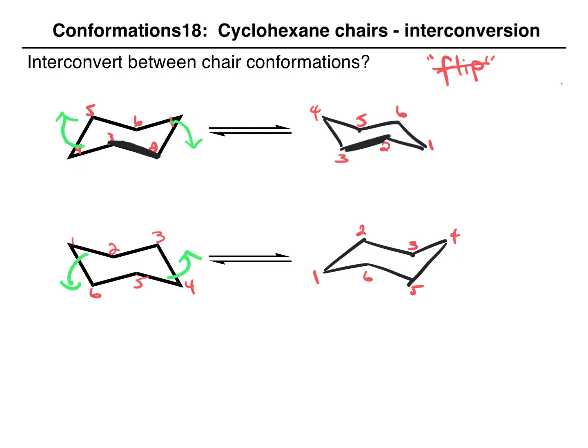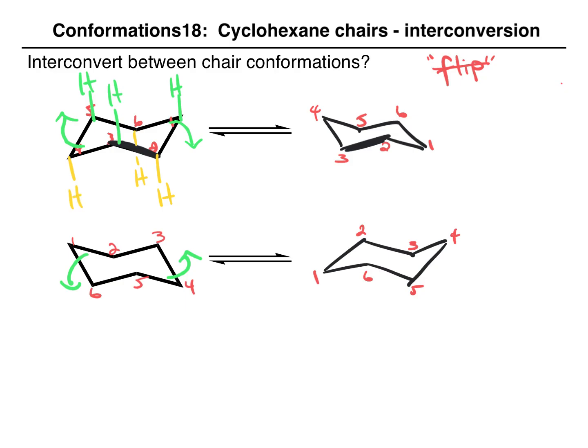Now, let's also take a look at what happens to our hydrogens when we do a chair interconversion. From the previous slide, everything on the front face, or now the top face, was green. So here we have one of our axial hydrogens, and axial hydrogens. And then our bottom face was yellow, axial, back here, axial, and axial.